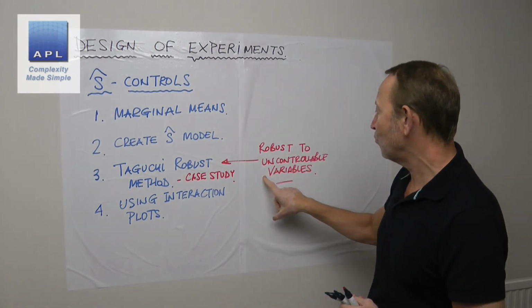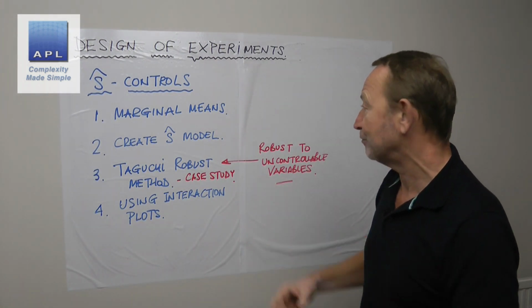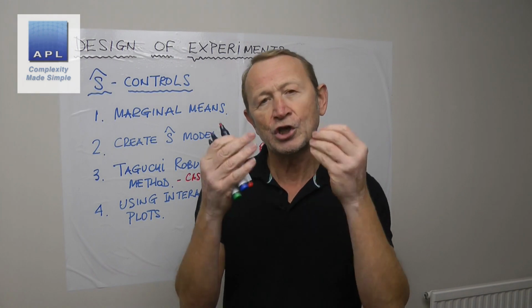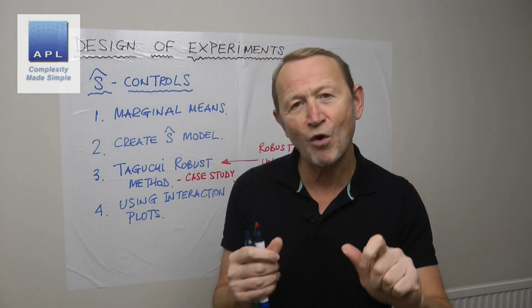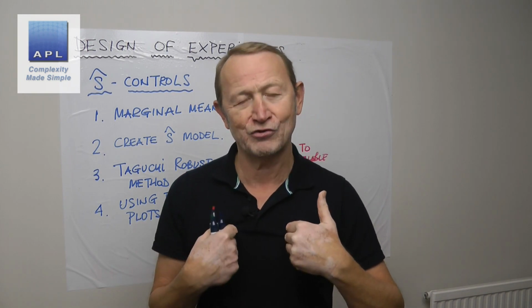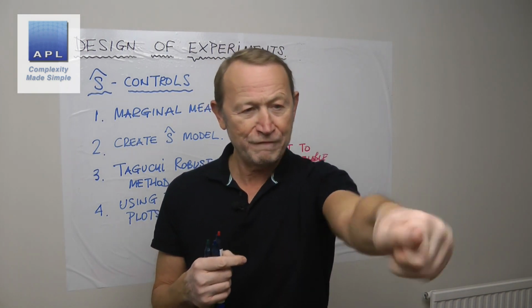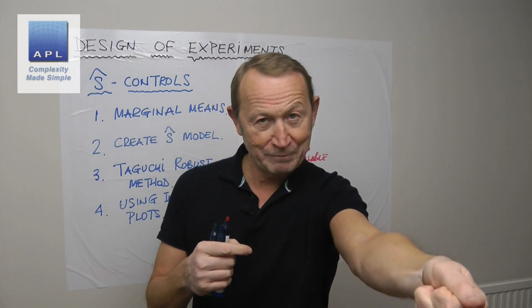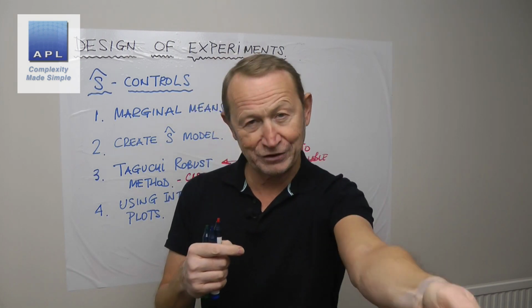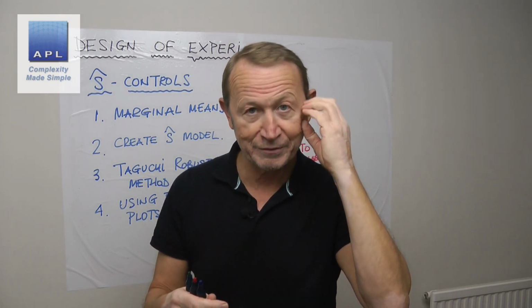Now, the problem with uncontrollable variables, you can't put them in a DOE because, of course, I want the variables to be in my control. I want to go 5 at the low, 10 at the top. And I want to keep going back to 5, back to 10, back to 5. I need control to run the experiment.